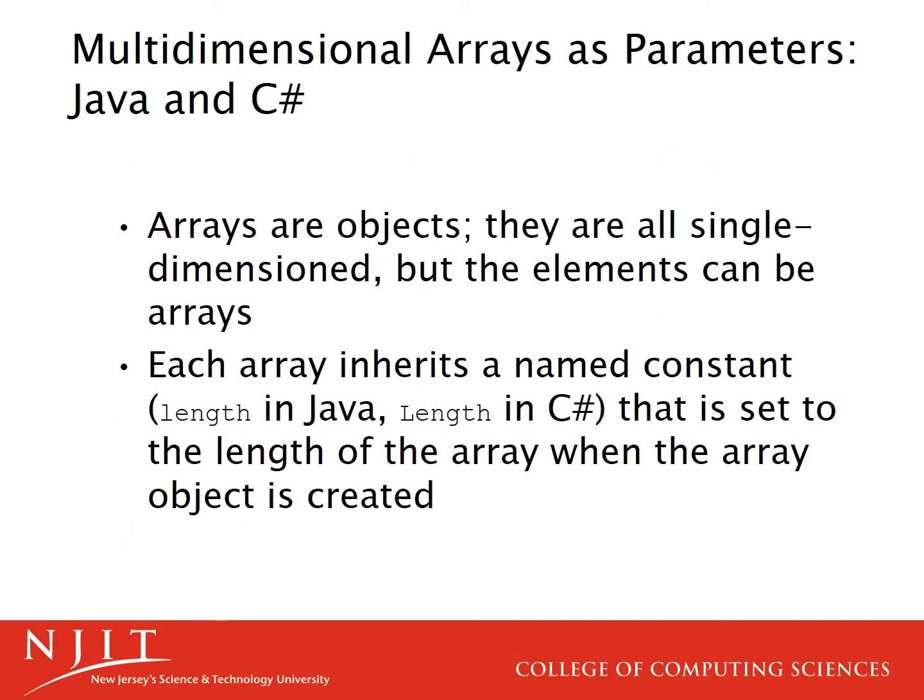Multidimensional arrays are easier in Java and C# and things like that, right? Arrays are objects. The arrays are single dimensioned and they're objects, and the object knows how big it is, so you don't have to worry about passing the size around. By passing a reference to the object, the function can take the array that comes in and look at its length member to see how big the array is.